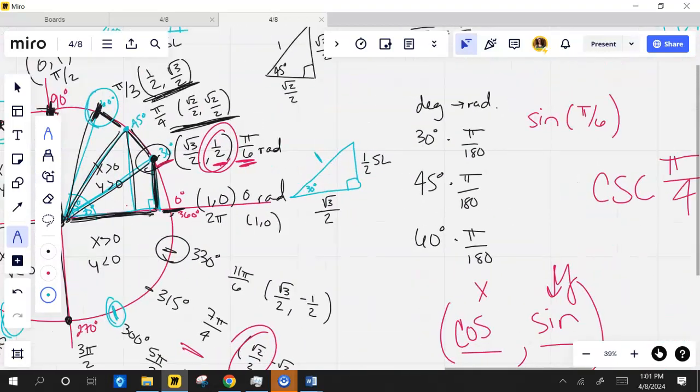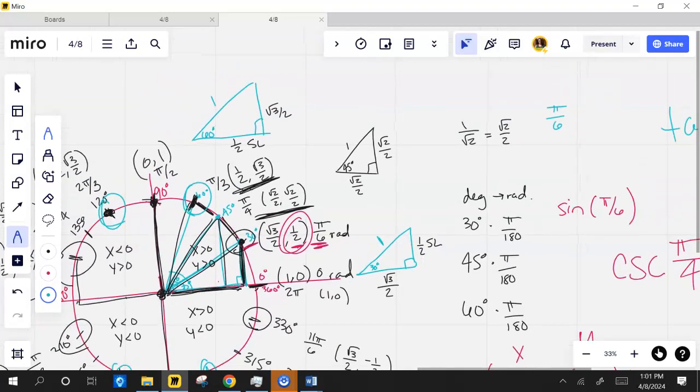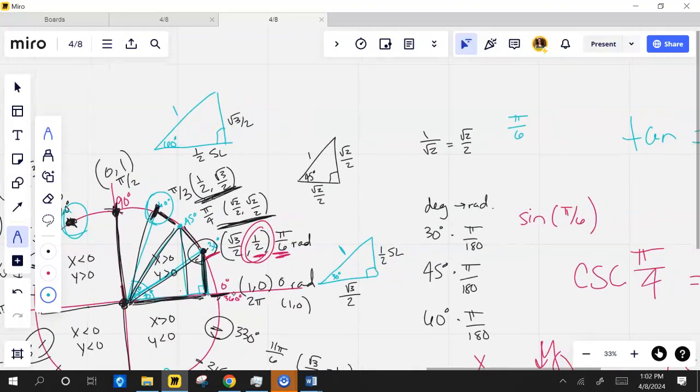So since I'm dealing with fractions, we're going to think about multiplying by reciprocals instead of dividing. So let's look at this very first point here, pi over 6. The tangent value at pi over 6 is going to be the y coordinate, 1/2. Instead of dividing by the x, I'm going to multiply by the reciprocal. So I end up with 2 over 2 root 3.